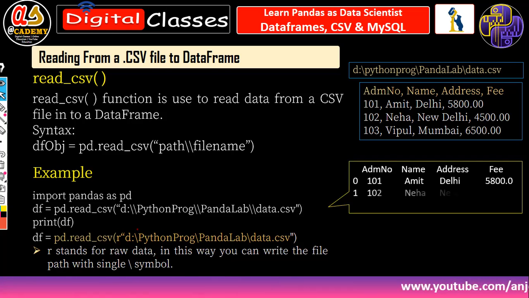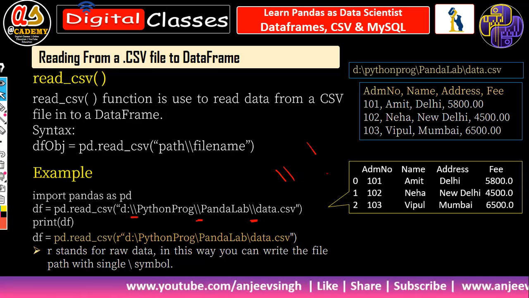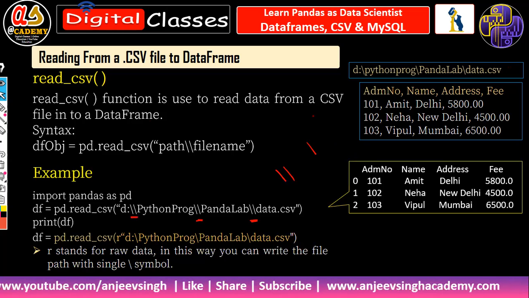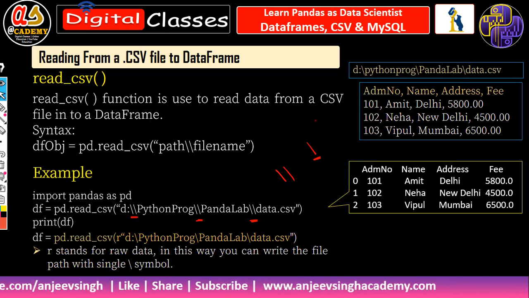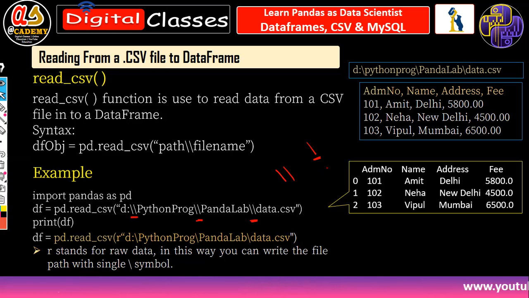One thing you can observe here is that while writing the path, I'm using a double slash. Why? Because one slash is a special character in Python. In Python we all know escape sequence character constants, and the slash is used for them. So if you give one slash, it's going to be understood as a special character, so we are using the double slash here.